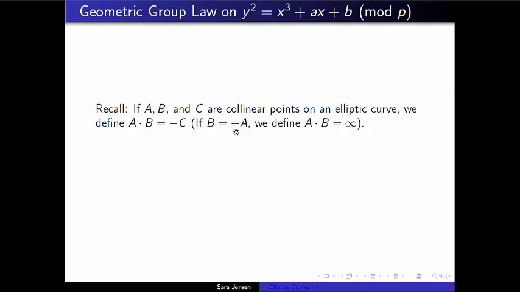We'd find points A and B on the curve, draw a line through them, and take C to be that third collinear point. Then we would define A dot B to be the reflection across the x-axis of that point C. The only exception to this was if we happened to choose points that were already opposites across the x-axis, then we would have to define the combination of those two elements to be this new point infinity.